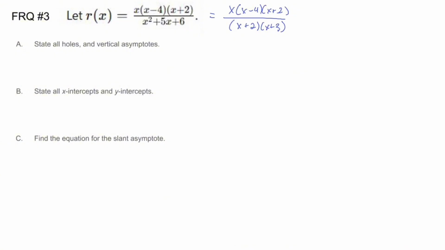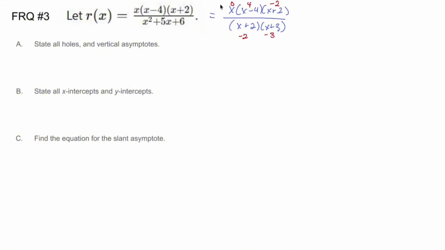Now there's 5 factors, which means there's 5 magic numbers, and the magic numbers are the numbers that make each factor equal to 0. For example, plugging in 0 makes x 0, and that makes the whole thing up here 0 and all that fun stuff. Plugging in 4 makes this factor 0, plugging in negative 2 makes that factor 0, plugging in negative 2 makes that factor 0, and plugging in negative 3 makes that factor 0.